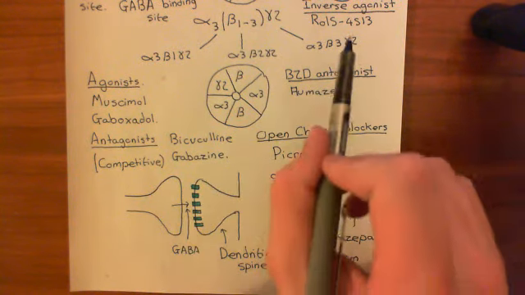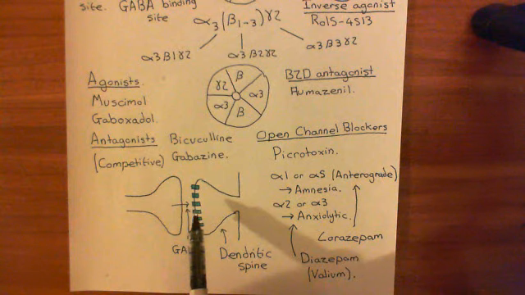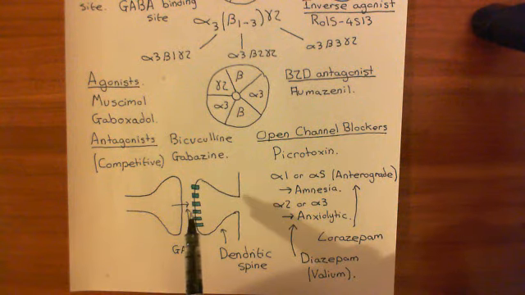Okay? If we add the Ro 15-4513, then that will come and bind to the benzodiazepine sites, decrease the affinity of the GABA binding sites for binding GABA, and that will mean that the number of receptors which have GABA bound to them will decrease, basically.